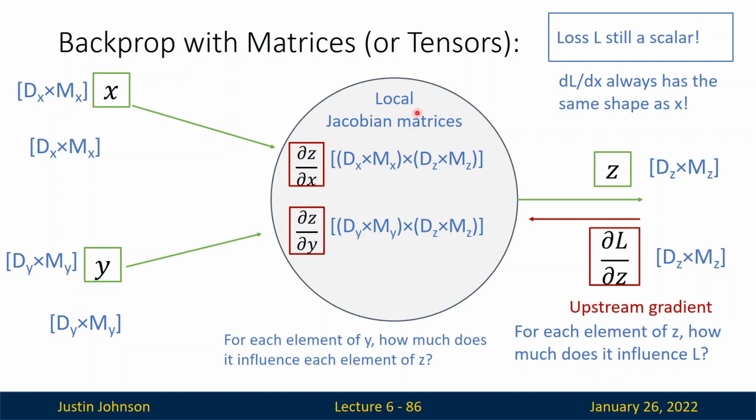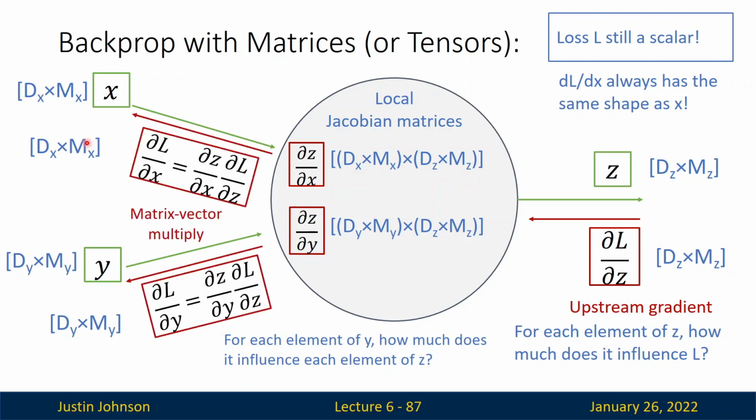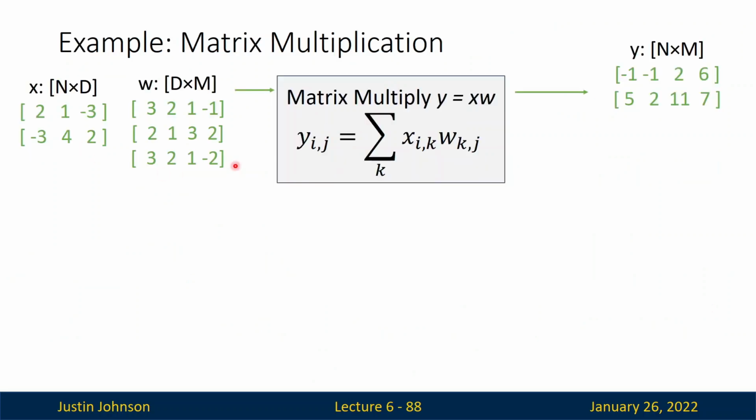Here, the local Jacobian matrix dz/dx will be a tensor with 4 dimensions: dx by mx by dz by nz. If you can calculate the local Jacobian, use the chain rule, you can get the downstream gradient.